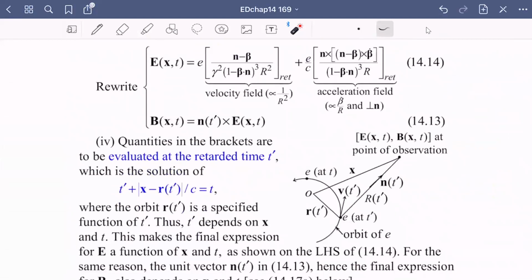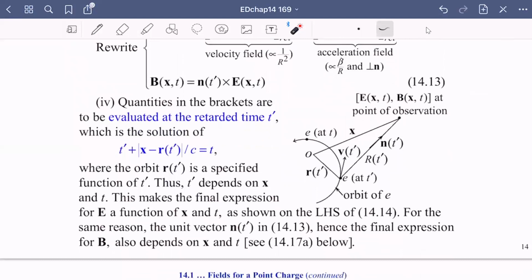Okay, last page. Quantities in the brackets are to be evaluated at the retarded time. Evaluate at the retarded time, the source happening time, which is here. So where the orbit is a specified function of t', and t' depends on x and t.